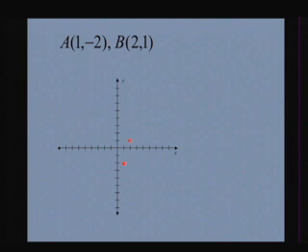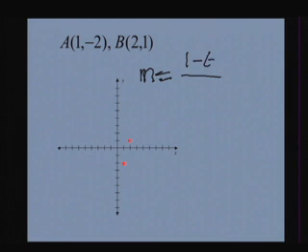Now, the slope is equal to m equals the delta y, which is the change in the y, so we have to subtract the y's. So we'll have 1 minus a negative 2 over the change in the x's, which would be 2 minus 1.